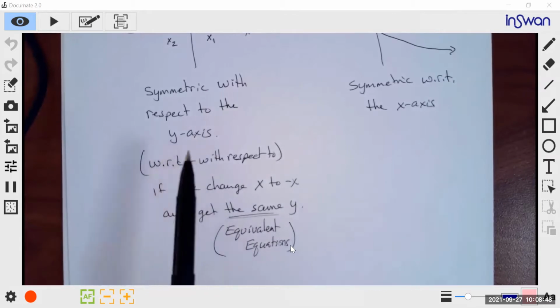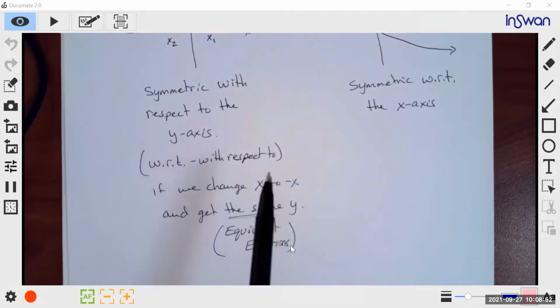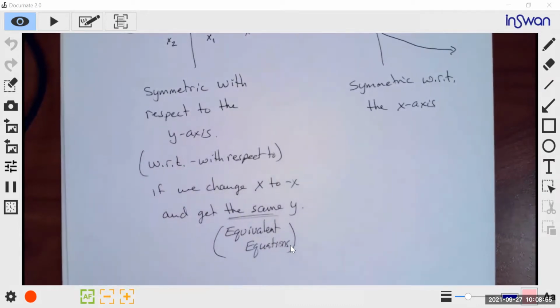So to be symmetric about the y-axis, if we put x or negative x in there, we get the same y, then it's symmetric about the y-axis.